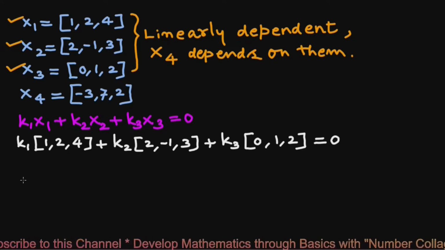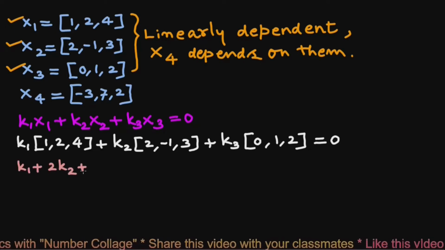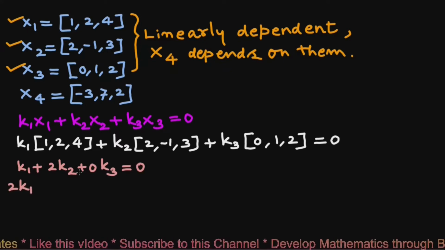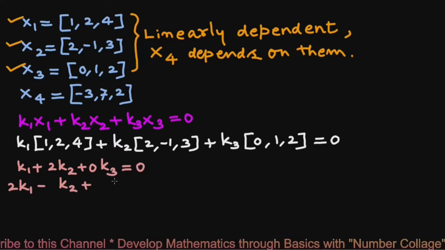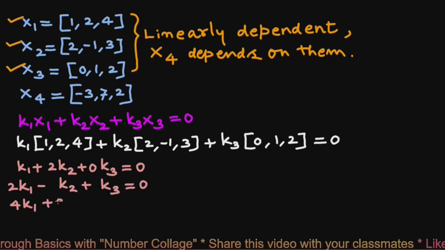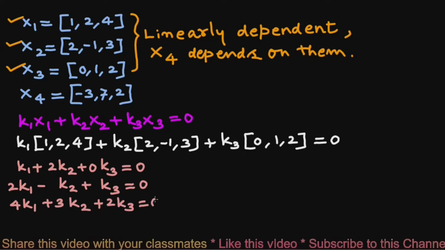This we can further write as k1 plus 2k2 plus 0k3 equals 0, then 2k1 minus k2 plus k3 equals 0, and 4k1 plus 3k2 plus 2k3 equals 0.